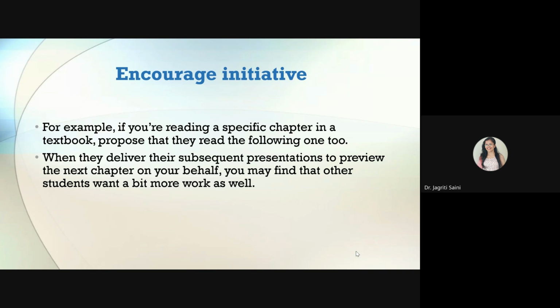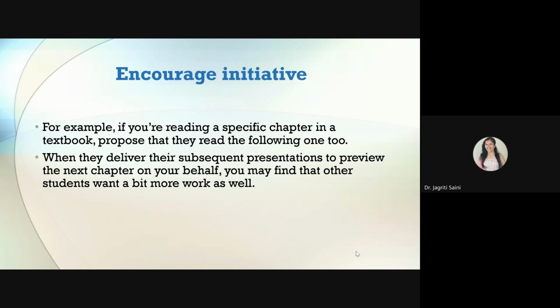This is not just about specific chapters only, but sometimes some eager students are also in the classroom. Each one of you might have seen that there is a set of students who are least bothered about the class or whatever is going on in the class, and there is a set of students who are proactive and eager to learn new things.